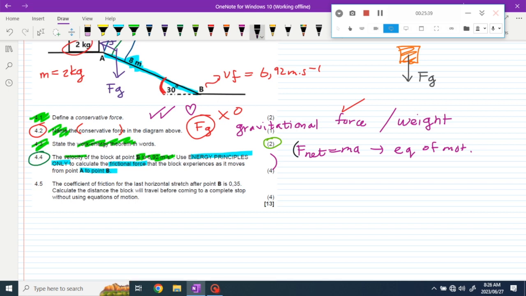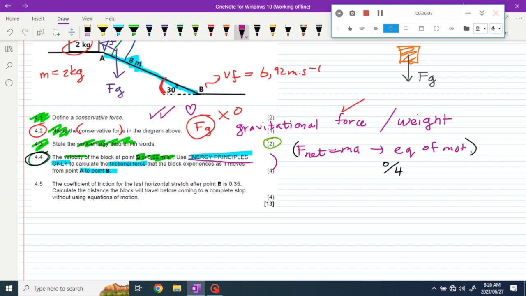If you use this method to answer this question, and you got everything correct, you are going to get 0 out of 4. Okay. Why? Because in grade 12 they say use energy principles. So if you do anything else other than obey the instructions, they're going to give you 0, and they are very, very strict with this.